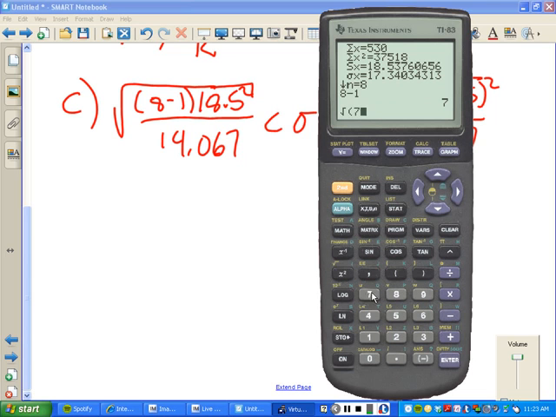All right. 7 times 18.5 squared divided by 14.067. Do keep in mind, and maybe I didn't do a very good job of explaining this, it's the square root of the whole thing. The square root goes all the way down. It's not just on the top. 13.050, so 13.05.